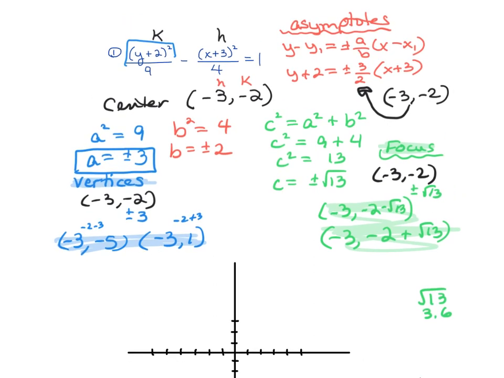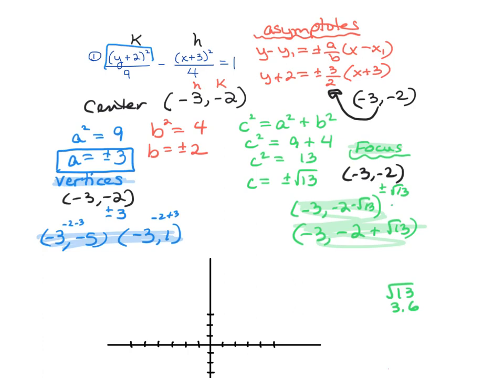So I'm going to do -3, and -2 minus 3.6, so I get -5.6. And then this one will be -2 plus 3.6, so I get 1.6. Just so I have an idea of where I need to place those two coordinates.